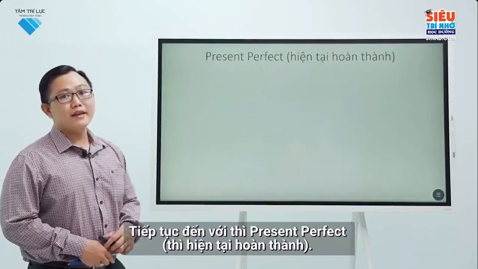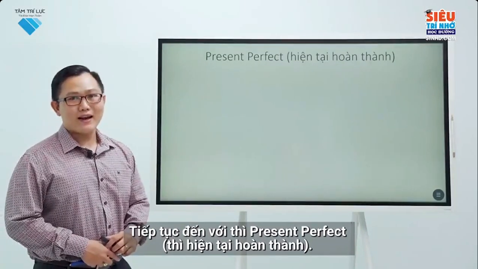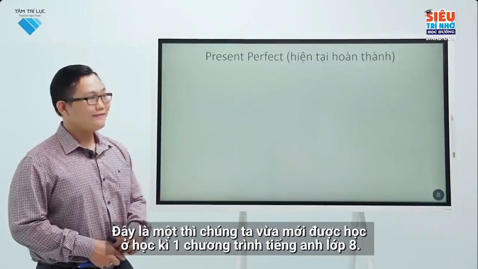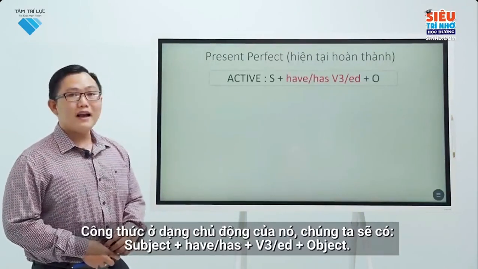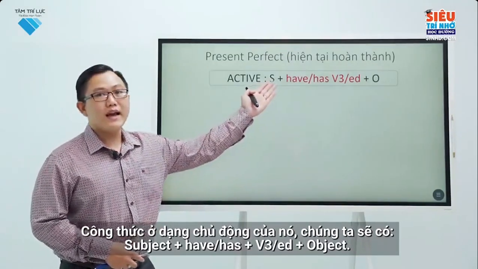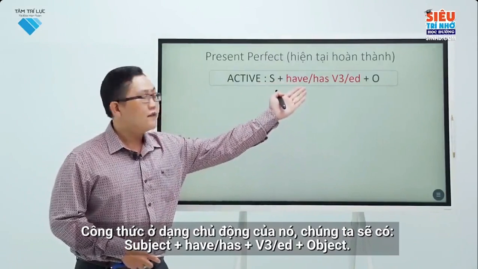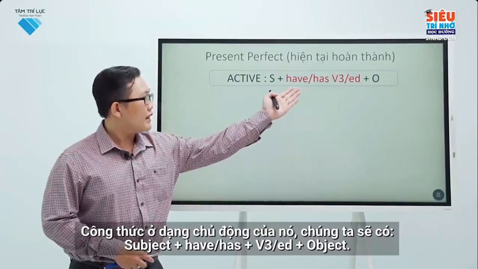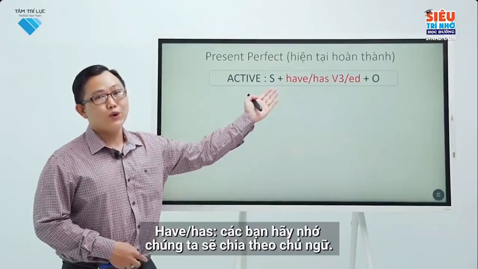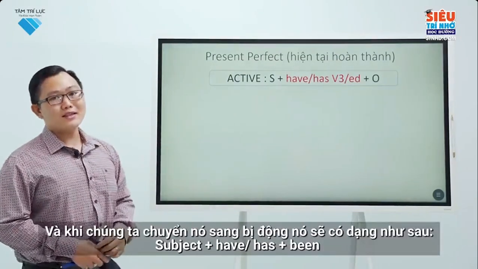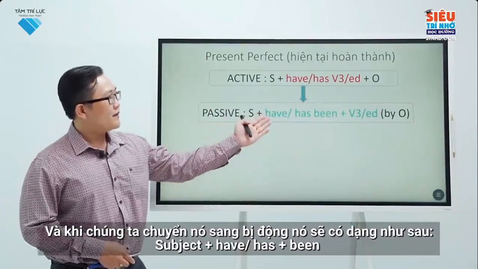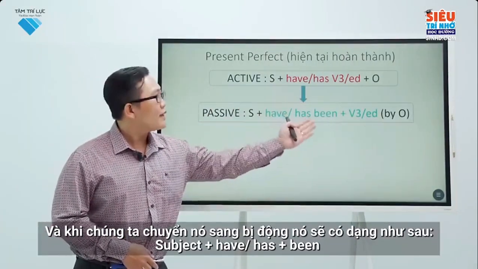Continue to present perfect. This is a tense we have just learned in semester 1, grade 8. In its active form, we will have subject plus have/has plus verb 3/ed plus object. Have/has will be conjugated according to the subject, and when we change it to passive, it will look like this: subject plus have/has plus been.